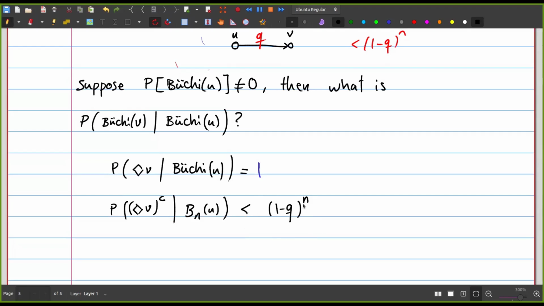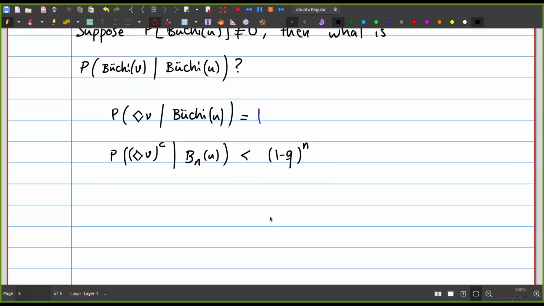And of course, as n tends to infinity, you can see that this set tends to Buki of u, and this probability tends to 0. So it's very easy to now say that the probability of not reaching v, so the complement of the set of vertices that reach v, given Buki of u, is 0, which immediately gives me this thing that I wanted. So the probability of actually reaching v, if I know that I'm seeing u infinitely many times, is 1.